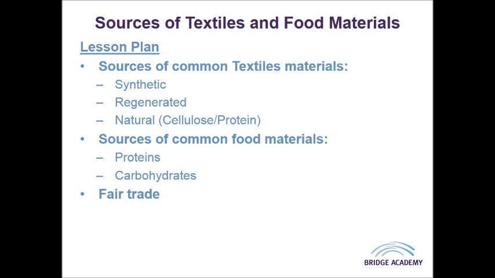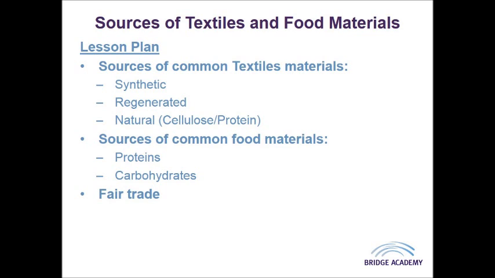Wool also, because of the nature of it, because it's quite absorbent, we normally combine it with a synthetic fibre such as acrylic, which means that it will absorb less water and will dry more quickly. The third and final type of textiles material that I'm going to be talking about is regenerated fabrics.